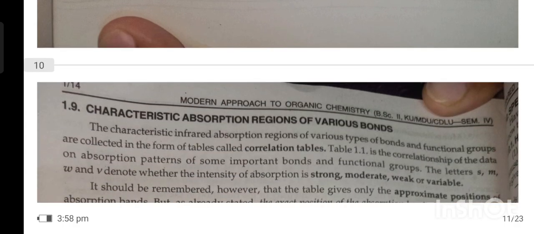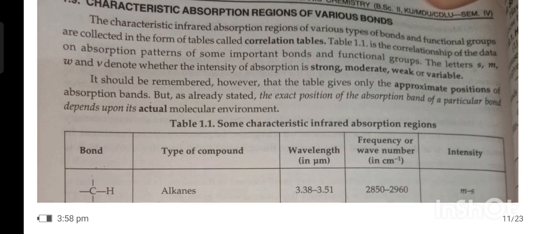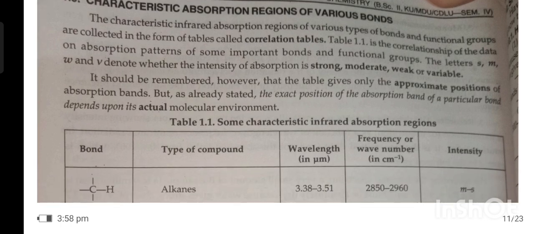Characteristic absorption regions of various bonds. The characteristic infrared absorption regions of various types of bonds and functional groups are collected in the form of a table called a correlation table. Table 1.1 is a correlation table of data of absorption patterns of some important bonds and functional groups. The letters S, M, W, V denote whether the intensity of absorption is strong, moderate, weak, variable. It should be remembered, however, that the table gives only the approximate position of absorption bands.